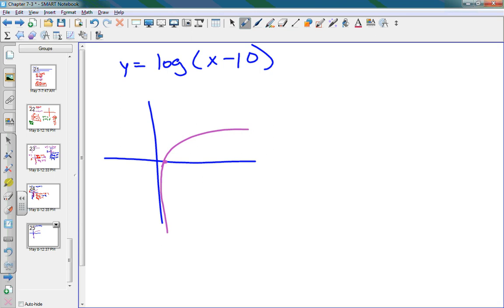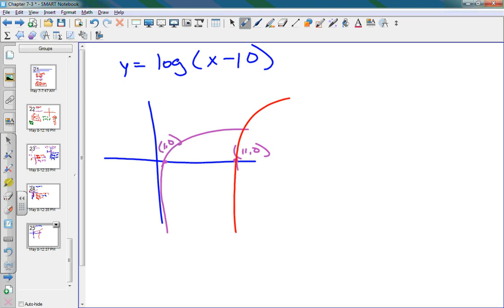Right 10. I have to go all the way 10 units. So what changes is my x. So if this is the point 1, 0, I have to go 10 units from that. So what's going to be my next point? 11, 0. Okay, so that point is going to give me right here.